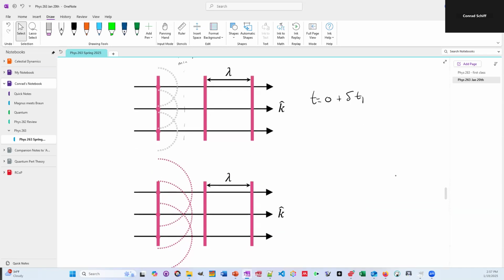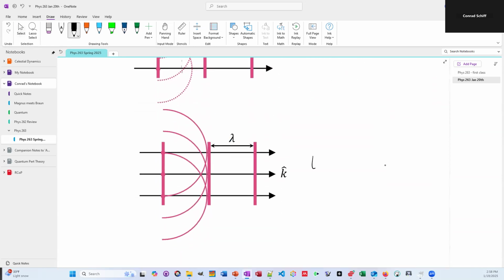At some time t equals 0 plus delta t2, where delta t2 is greater than delta t1, the waves have now passed that midpoint and are growing in strength again towards the peak. And then finally at t equals 0 plus delta t3, where delta t3 is now greater than delta t2, the waves have gotten out sufficiently far ahead and are at their peak that we now identify the new wavefront.